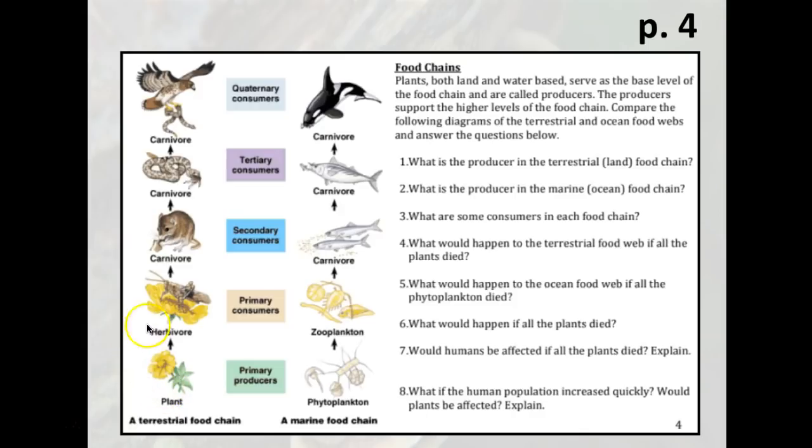Then we go up to your next trophic level and so on. At the top, you have your apex predator, which is the top of the trophic level pyramid, the top of the ecological pyramid. Make sure you get this completed on page 4 and answer these questions based on your content knowledge and also looking at the pictures you have here.